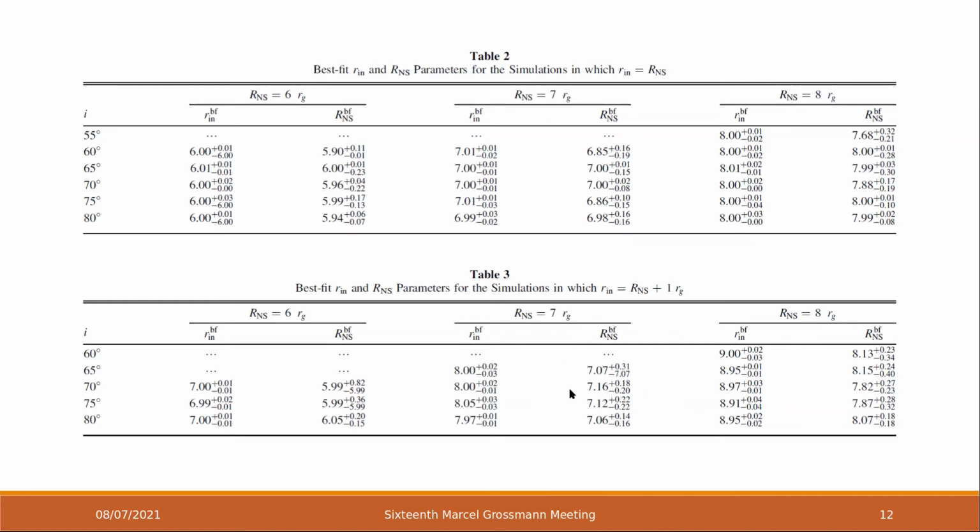And in the few cases in which we could not, this one and this one, we still managed to find constraints on the radius of the neutron stars, upper limits, that were tighter than we could have found if we had only looked at the inner disk radius as a maximum radius for the neutron star.